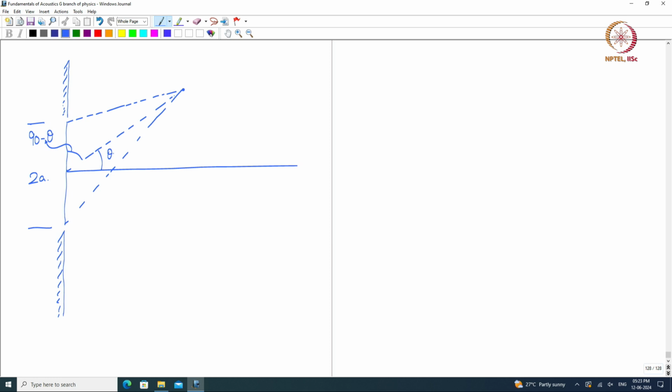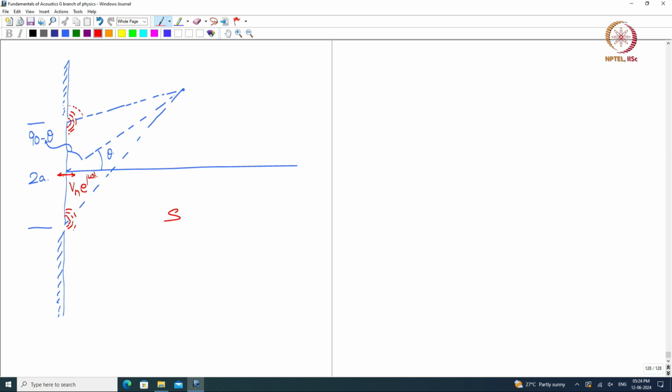Now again the piston is oscillating back and forth with Vn e to the power of j omega t. Now what happens is that again a pulse is sent from here and a pulse moves from here, simultaneously.